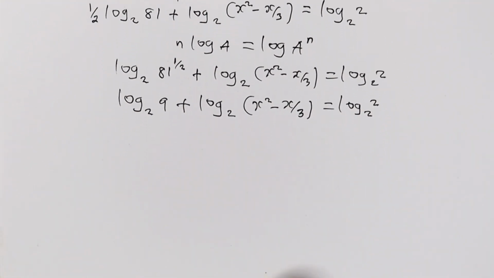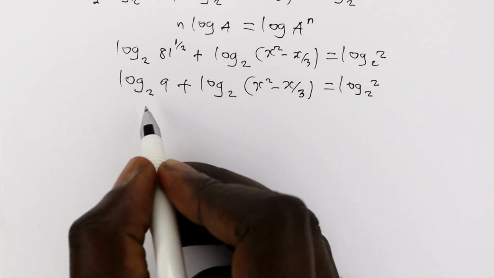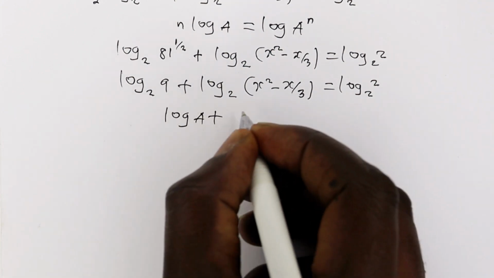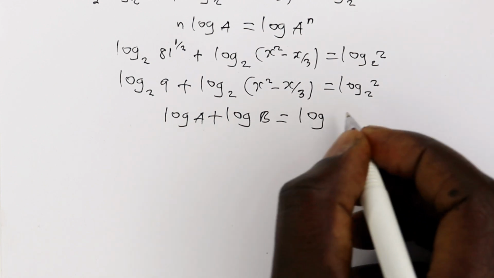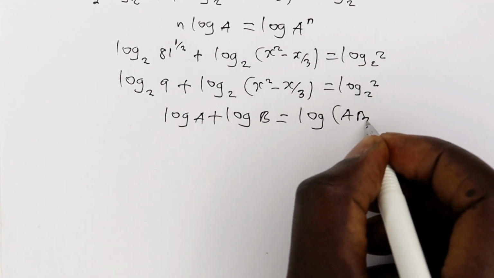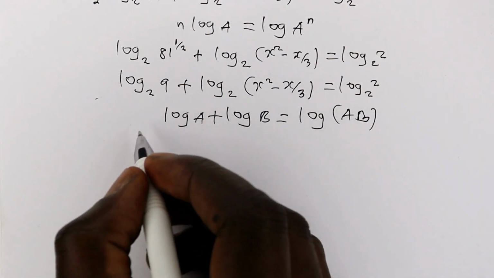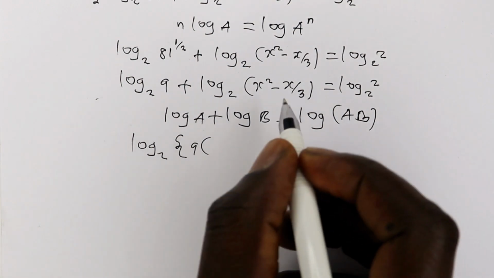We can also use other laws of logarithms, particularly the first law, so that if you have log of a plus log of b, that is the same as the log of the product of the two numbers. In this case, the left-hand side can be written as log to base 2 of 9 times this one.